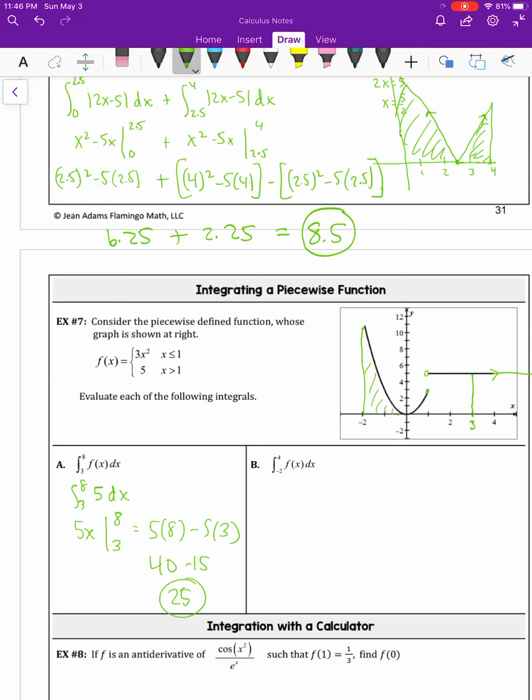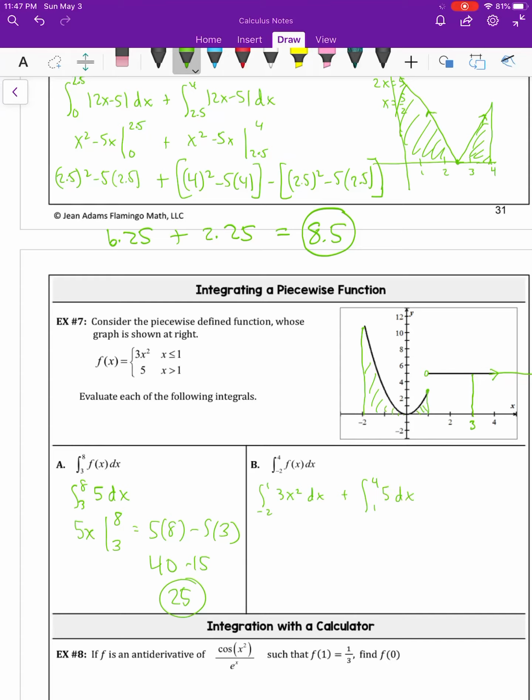Okay. And then from negative 2 to 4, so I've got negative 2, that is this, and then, oh boy, everything from negative 2 to 1 is fine. It's that function. But then I would have to do 1 to 4, this other function, okay?